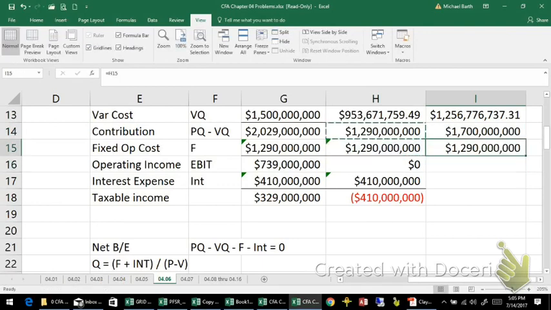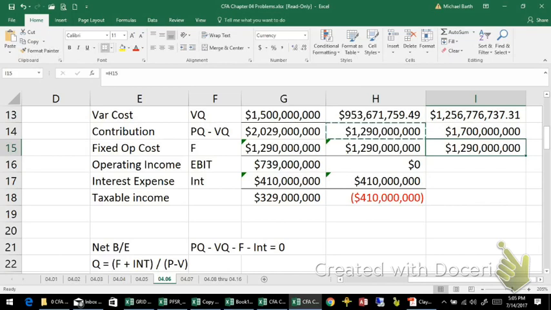The fixed costs are 1.29 billion. So my operating income is exactly 410 million.